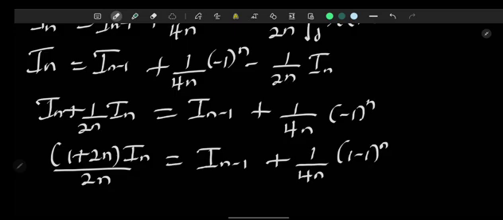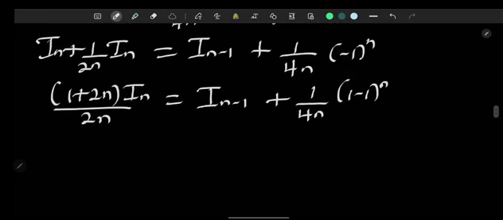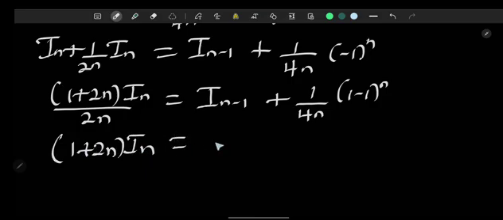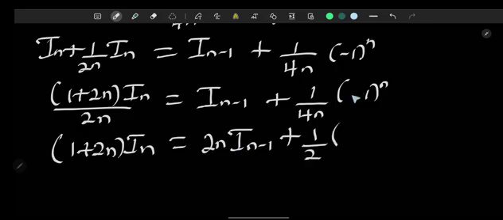All right, so we multiply both sides by 2n, that's going to be 1 plus 2n in equals 2n in minus 1, then plus that's 1 over 2, then this is minus 1 raised to the power of n.